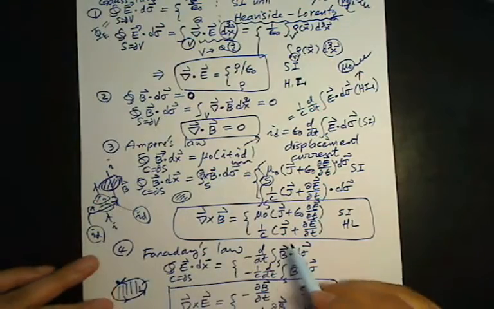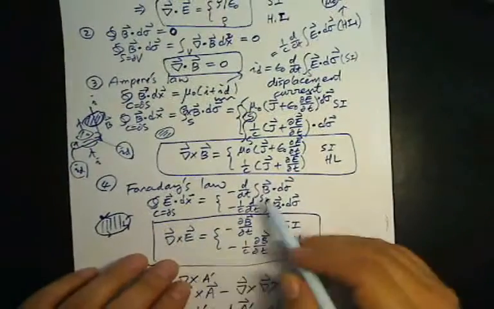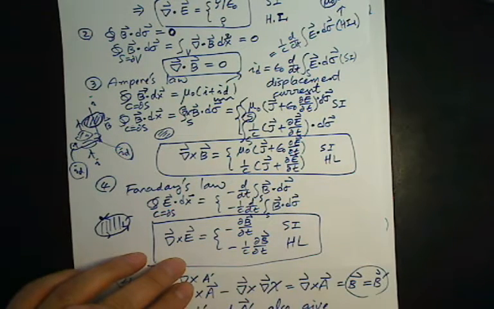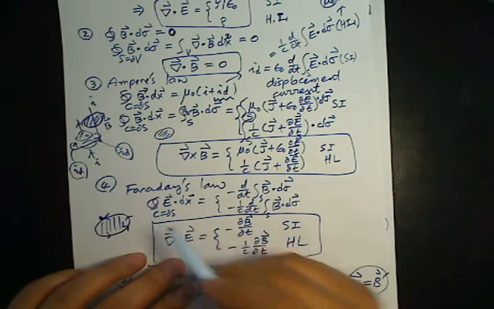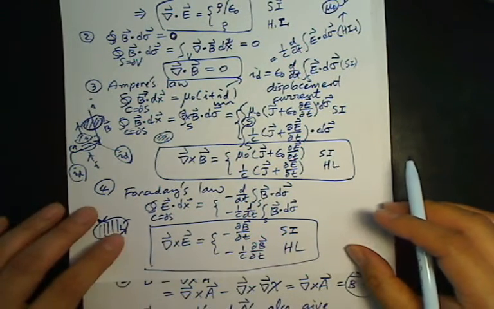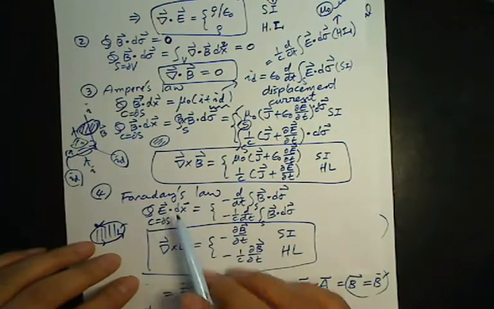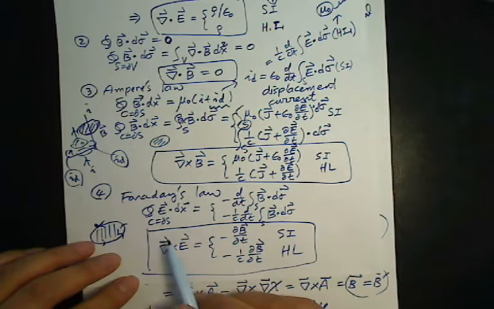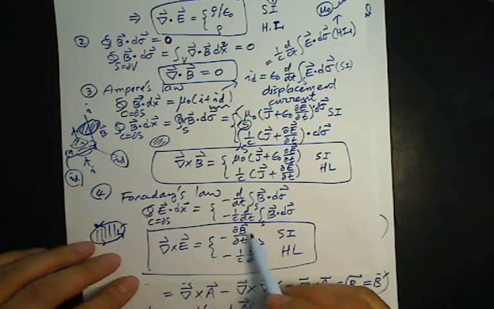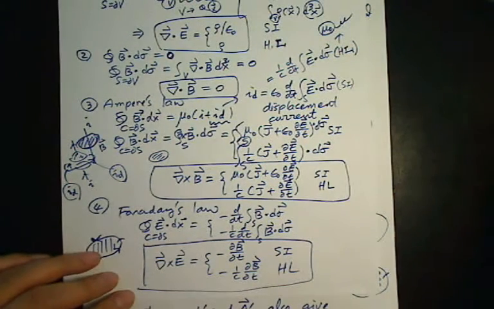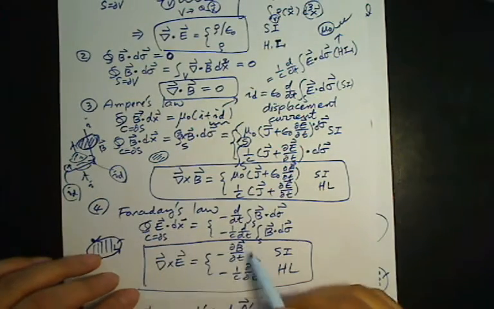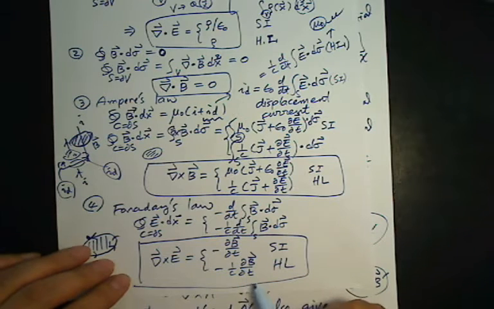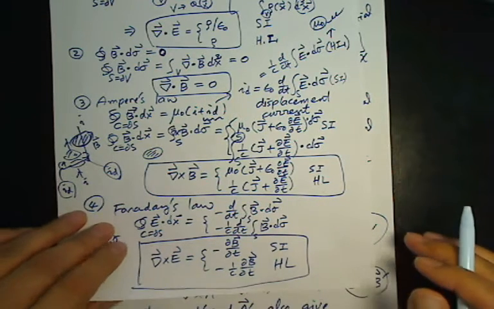That is Faraday's law. And the right side is the minus time derivative of the magnetic flux passing through the surface. That surface is enclosed by this closed path C. Therefore, if I apply the Stokes theorem once again for Faraday's law, what we obtain is that the curl of the electric field is minus partial B over partial t for SI unit, and minus 1 over c times the magnetic field's time derivative for Heaviside-Lorentz unit.